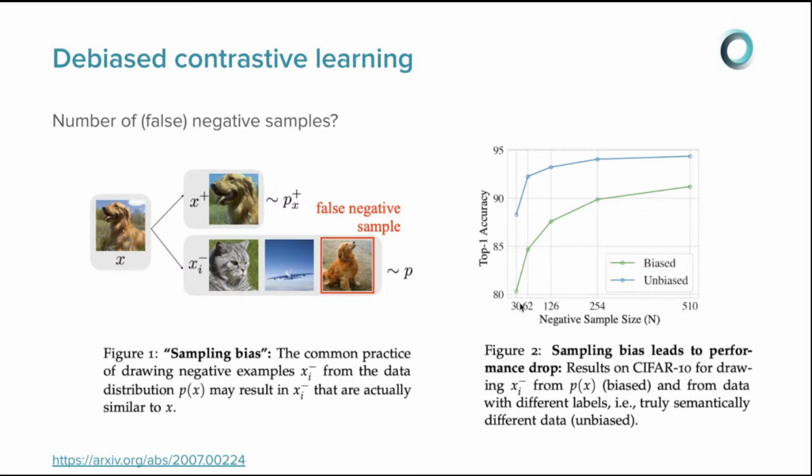And the better you can estimate it, the better it will be. But you see, even with just a few negative samples, you can increase your unbiased top-1 accuracy, like 6-7 percentage points. So it's, yeah, I guess a very interesting side note to this concept.